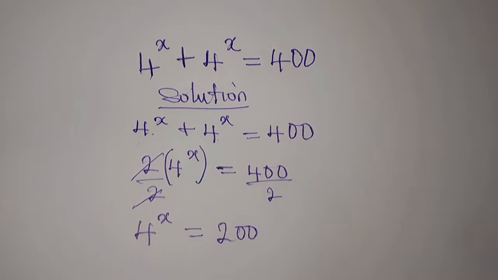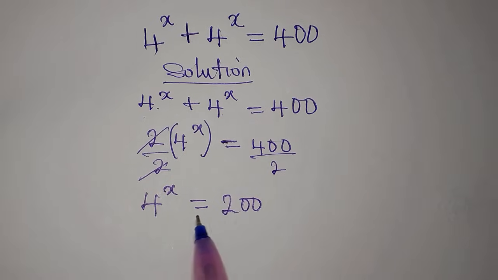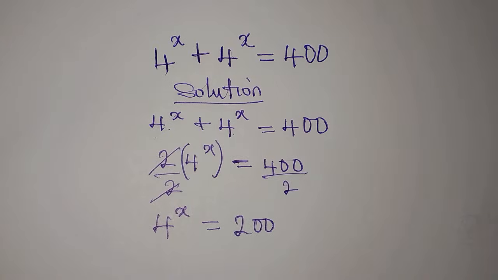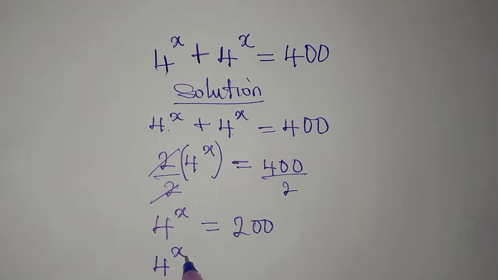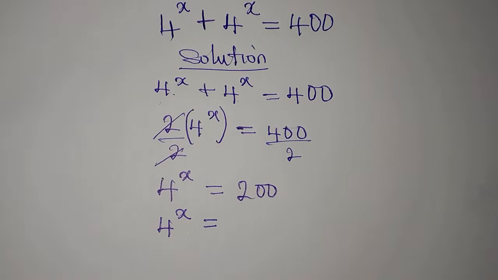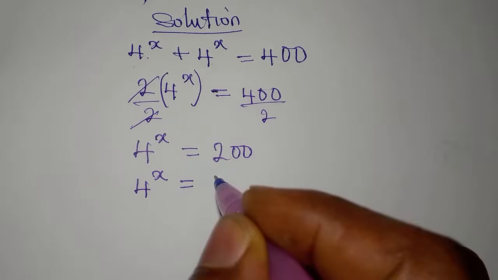Then the next step is, can the left hand side and the right hand side be in the same base? If the answer is yes, then it's easy for you. But if the answer is no, then it's not easy. Now let's look at 200 and see if it can exist in the base of 4. 4 can go into 200, right? 4 into 200 is going to give us 50.